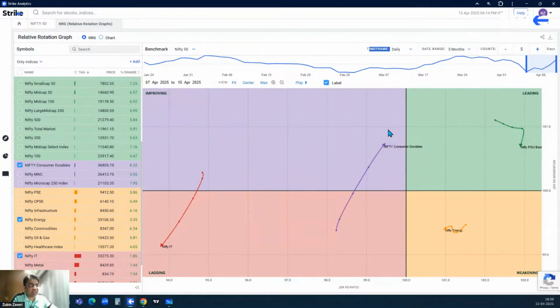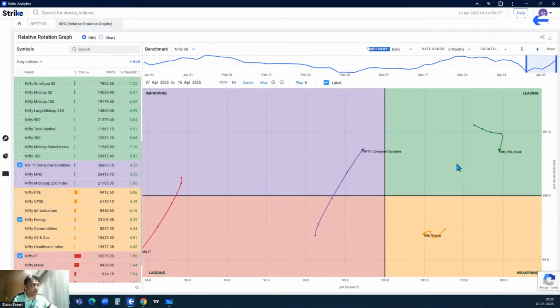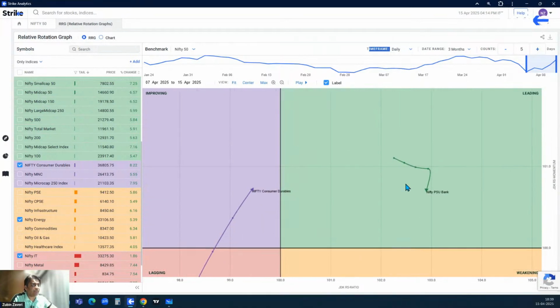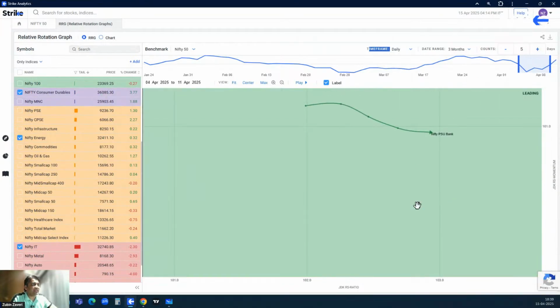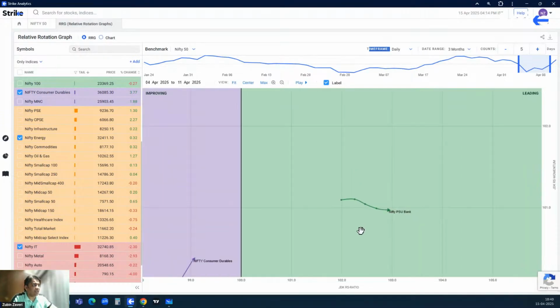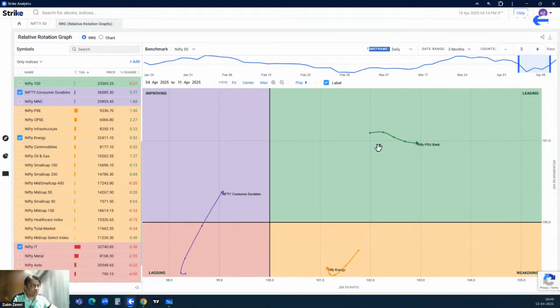And when it comes into the leading quadrant, meaning what? Let's look at this PSU Bank. A few days back, look at this. Now PSU Bank is already in the leading quadrant, which means this sector's relative performance to the benchmark is better. You can now look at the RS ratio.